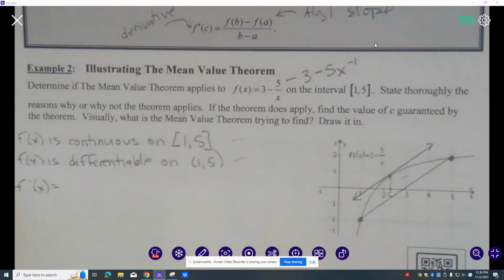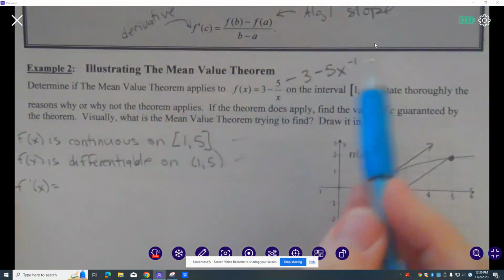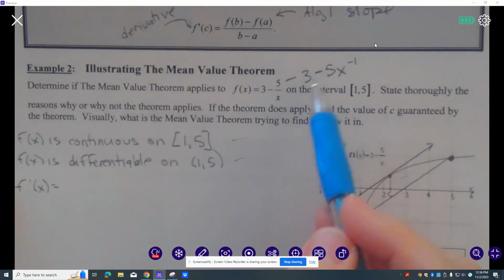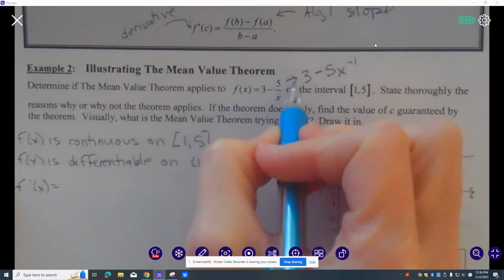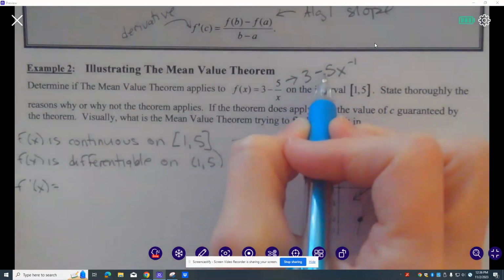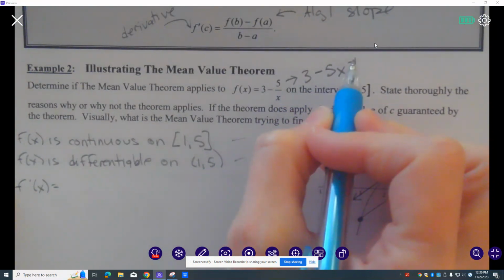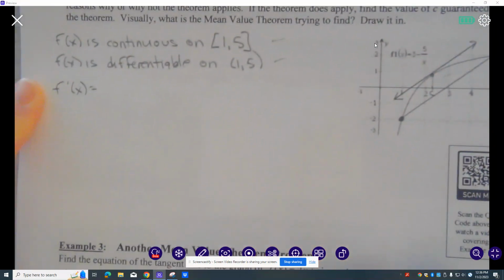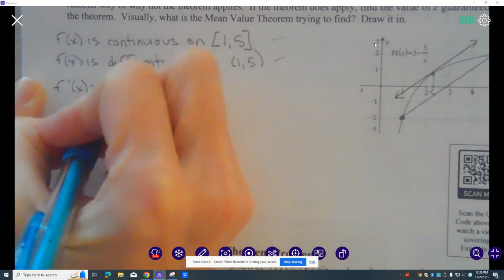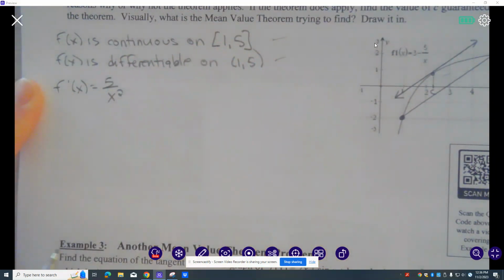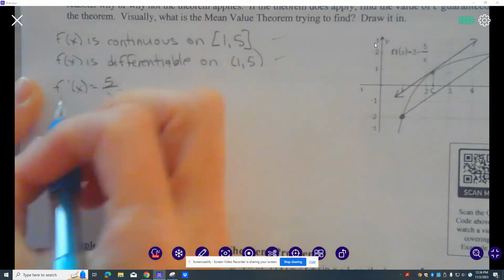There we go. And then you can just use power rule on this. So derivative would be 0 plus 5x to the negative 2, or 5 over x squared. Okay, so this is derivative.